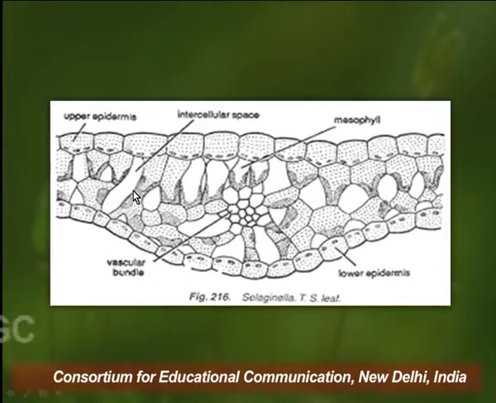There are large air spaces which are found between mesophyll cells, and in the center of every leaf, a very prominent vascular bundle can be seen. These are xylem tissues surrounded by phloem tissues.